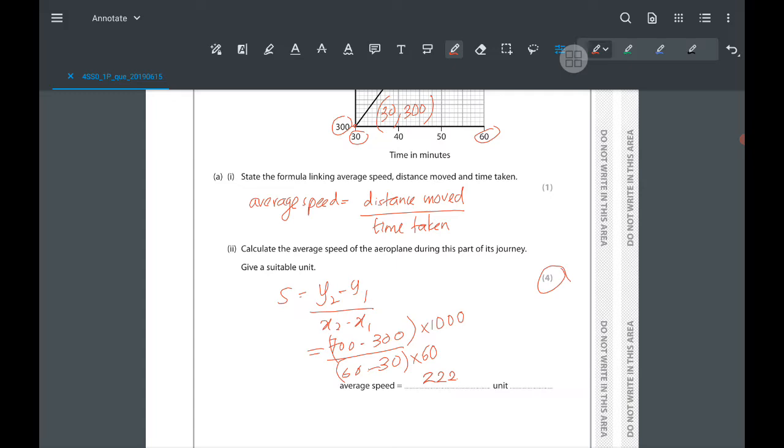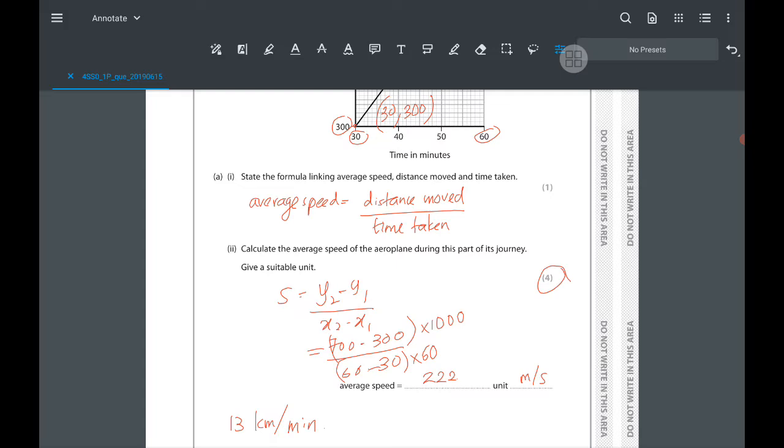This 2 is recurring. I'm going to keep it 222. Unit will be meters per second. Now you can actually do the calculation as it is, in kilometers per minute also. If you do the calculation by using kilometers and minutes, you'll get 13 kilometers per minute.